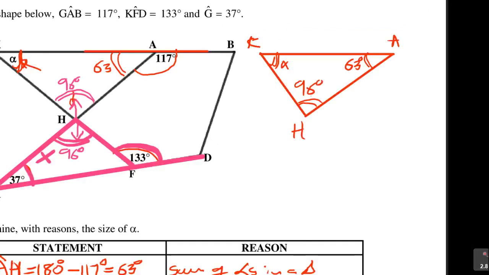So if I add alpha plus 96 plus 63, I get 180, sum of angles in a triangle.